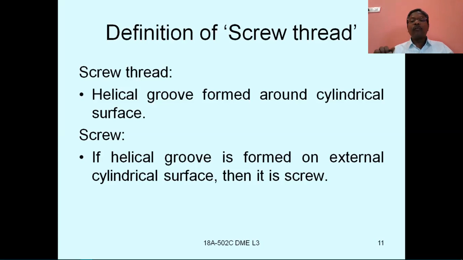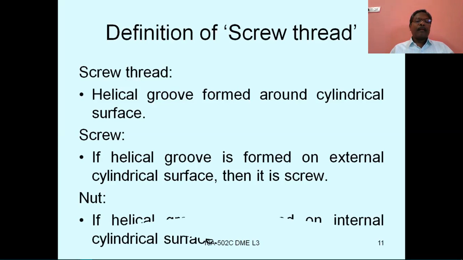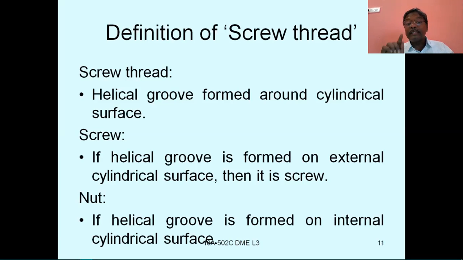If a helical groove is formed on an external cylindrical surface, then it is called a screw. And similarly, a nut: if the helical groove is formed on an internal cylindrical surface. In the screw, the helical groove is formed on an external cylindrical surface, whereas in the case of a nut, the helical groove is formed on an internal surface.